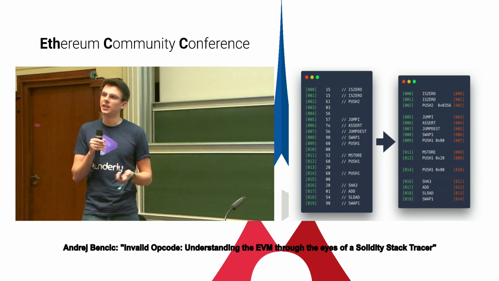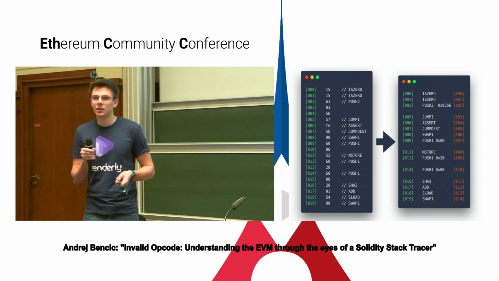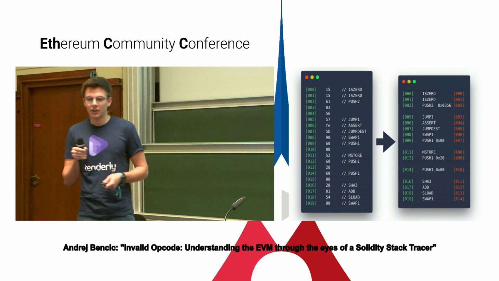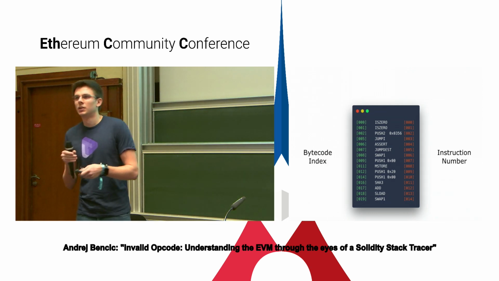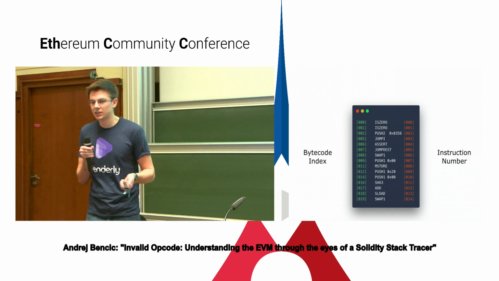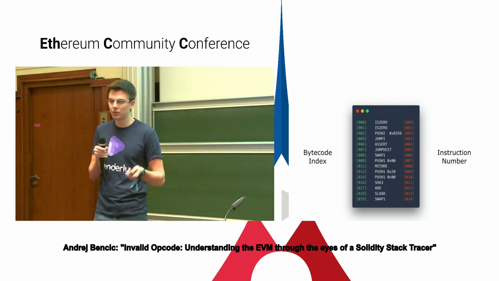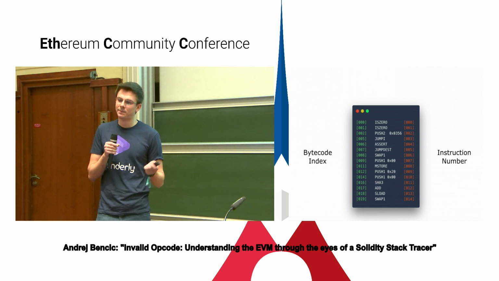Those two aren't the same because one instruction can have one or more bytes created for it. So the final form is a sequence of instructions derived from the bytecode and two indexes which we use to look up the instructions in various ways: to the left the bytecode index, and to the right the instruction number.